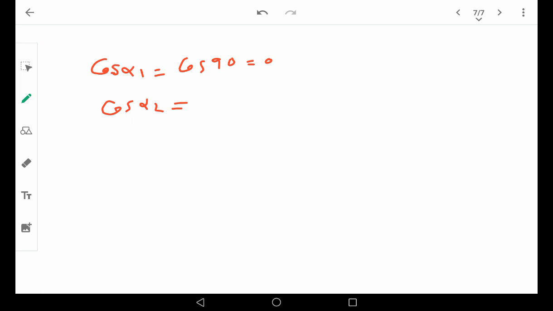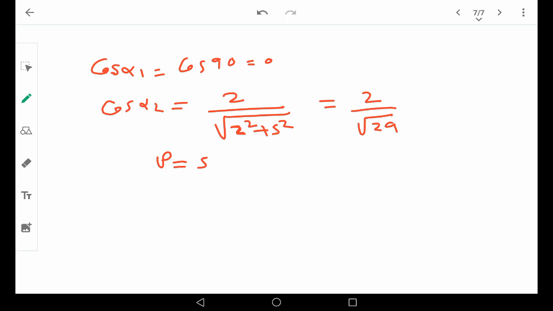So adjacent side is 2, divided by hypotenuse, which is square root of 2 square plus 5 square, isn't it? So it is 2 by square root of 29, right? And rho equal to 5, isn't it?